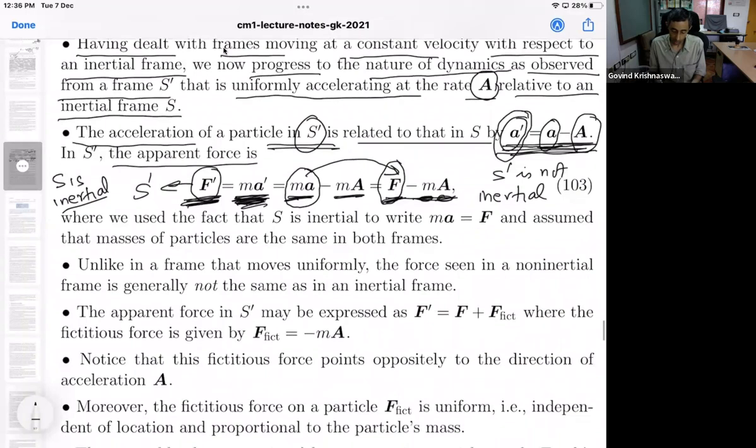Okay, so unlike in a frame that moves uniformly, the force seen in a non-inertial frame S prime, we call it a non-inertial frame, is generally not the same as in an inertial frame.